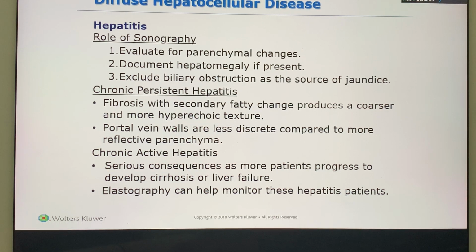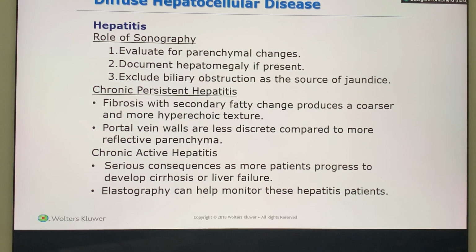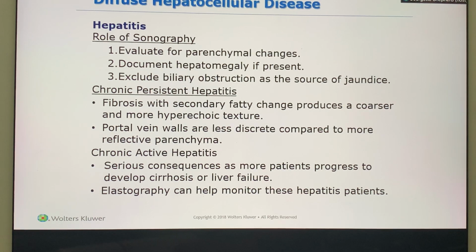Hepatitis can turn into cirrhosis. It's hard for us to see the veins with hepatitis. The portal veins become very hyperechoic. That's what causes the starry sky.